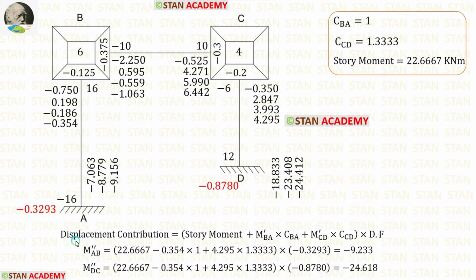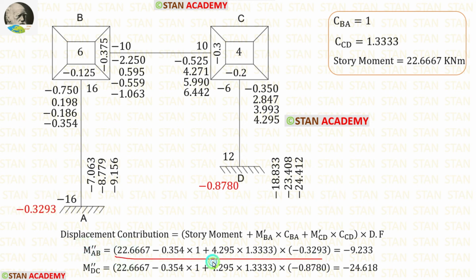Now let us find the displacement contributions. In the formula, let us apply the values of CBA, CCD and story movement. The value of M dash BA is minus 0.354. The value of M dash CD is 4.295. The displacement factor for the column AB is minus 0.3293.